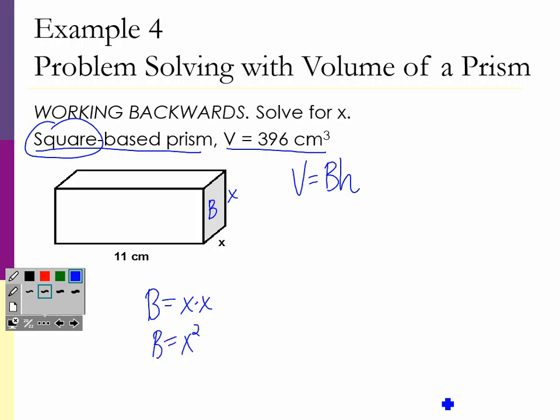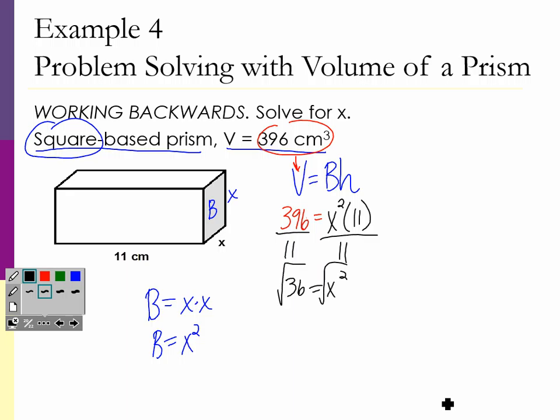The height is the distance between those squares, which is 11. Since the volume is 396, I'm substituting that for V. So 396 equals x squared times the height, which is 11. First divide both sides by 11, and we get 36 equals x squared, and then we take the square root of that. So x is 6.